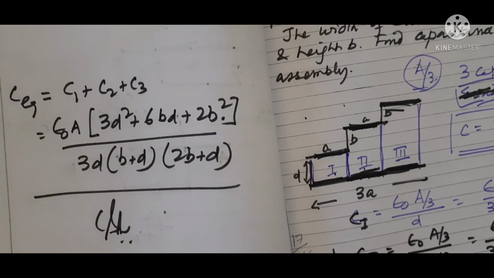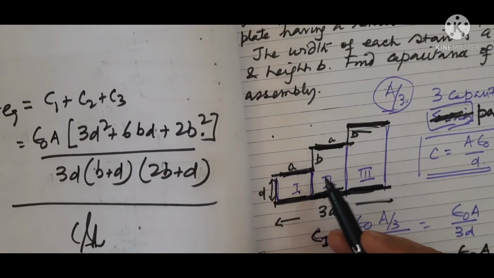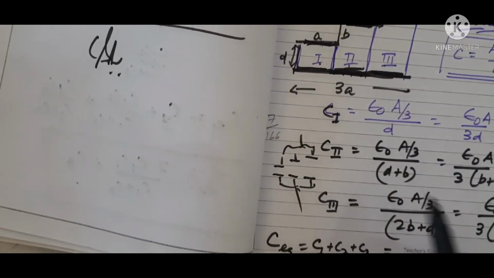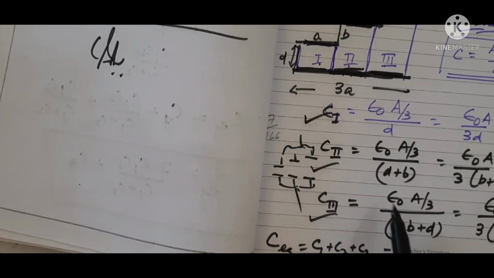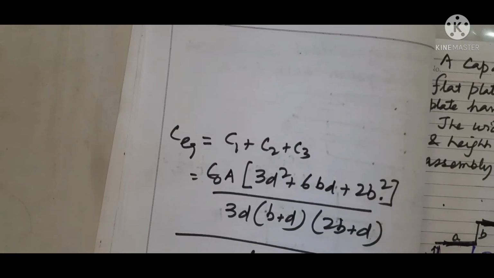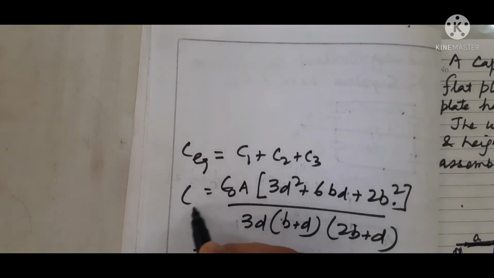Right? Remember, these three connections are in parallel. First we find C1, C2, C3. Then as these three are in parallel, C equivalent will be C1 plus C2 plus C3. Put the value and calculate, and you will get that expression of C equivalent.